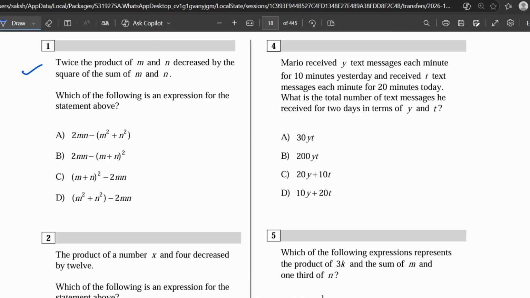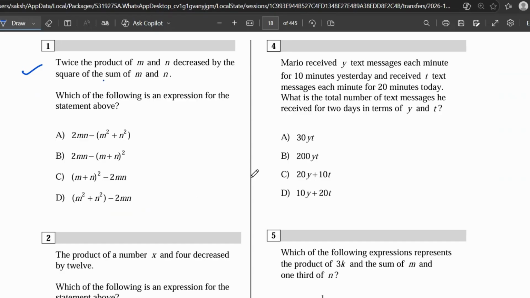If B, then why? Can anyone tell me? Ma'am, twice the product of m and n is 2mn, which is decreased by, so the minus sign, and the square of the sum of m and n. So we add m and n first and then square the sum.